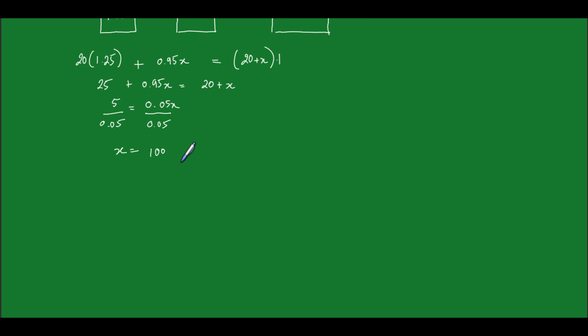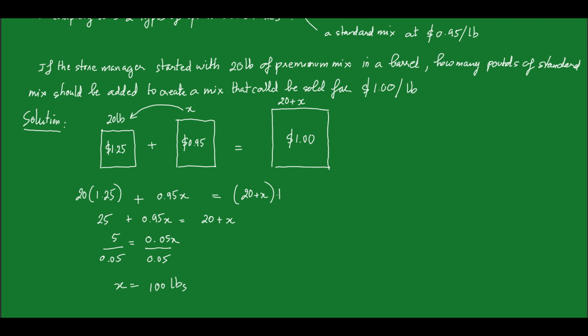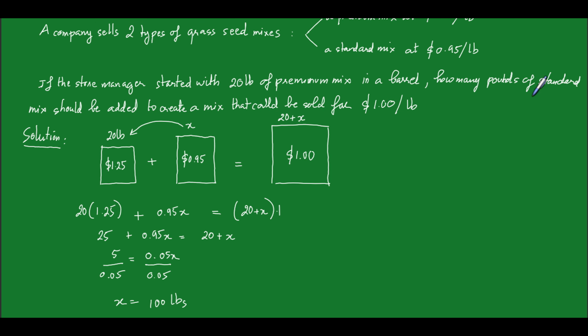But 100 what? 100 pounds, because x represents the amount of standard mix. Okay. So that will be our answer for the question, because they ask you how many pounds of standard mix. So it will be 100 pounds.